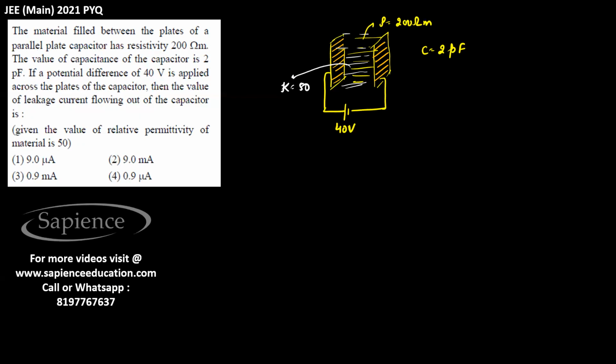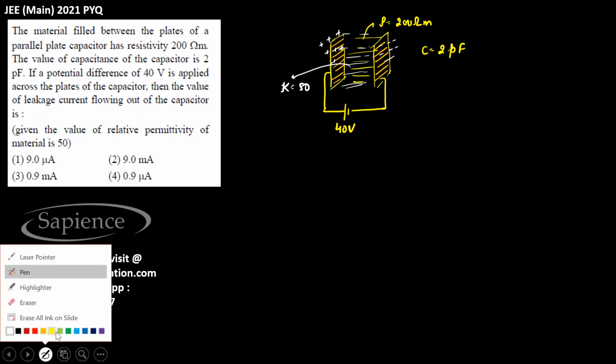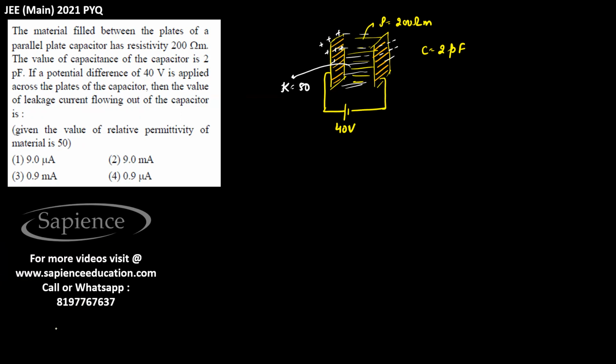Infinite resistivity means it will not allow a single charge carrier on this positive side to go to the negative side. But a small amount of charge will leak through this material, and this leakage we have to calculate. I mean the amount of charge that will flow through this.